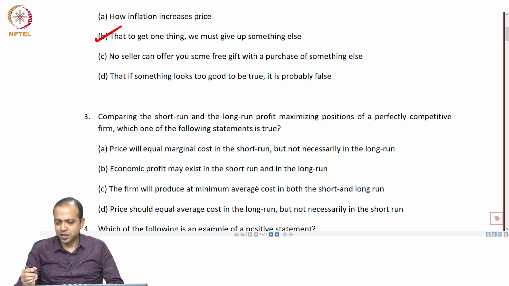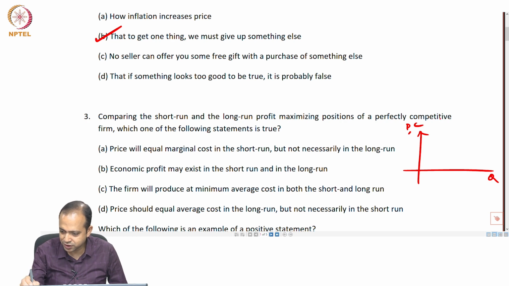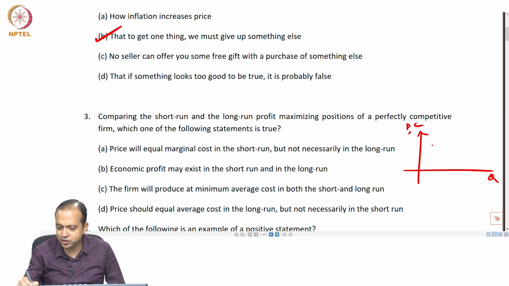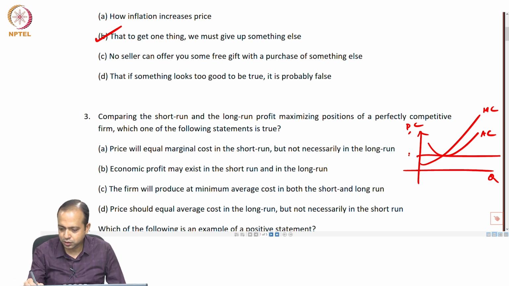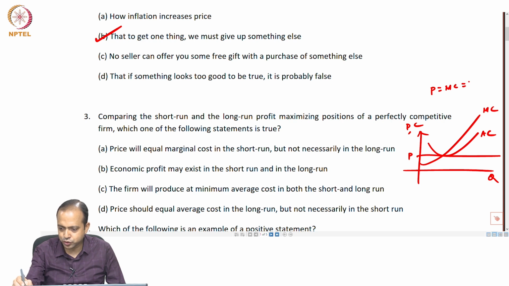As I said, look at this long run equilibrium. This is P and C. Let us say this is AC, this is MC and this is P. So, P equals MC equals LAC.